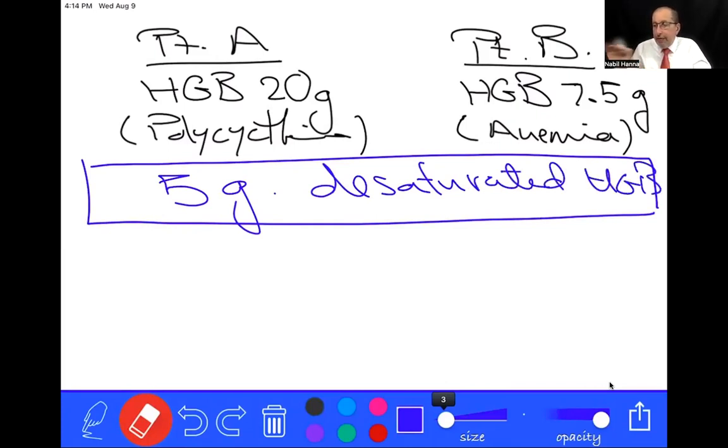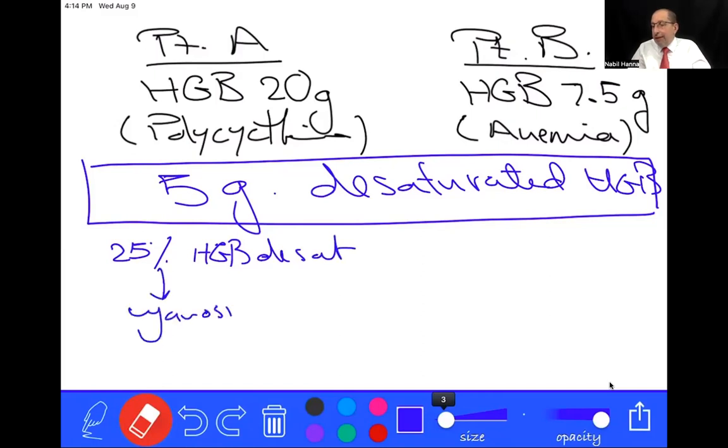In patient A, 5 grams out of 20 is only 25%. So patient A, with just 25% hemoglobin desaturation, will develop cyanosis. But in patient B, the 5 grams out of the 7.5 is 75%.